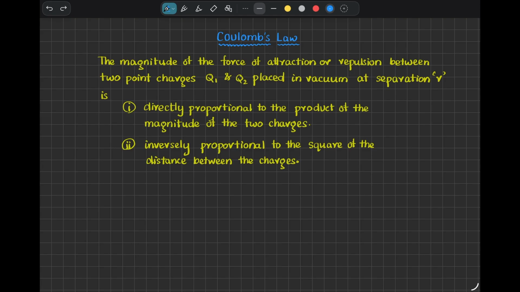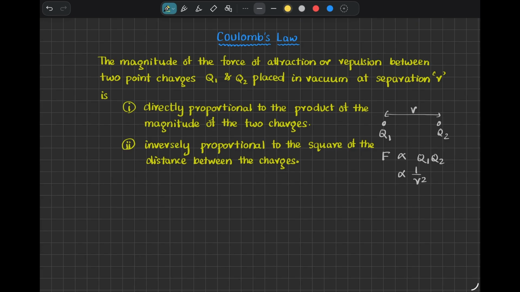What does it mean? Now, if we have two charges, one here which is q1, one here which is q2, and the separation between the two charges is, let's say, r. In that case, Coulomb's law says the force is proportional to the product q1 and q2, and it is also proportional to 1 by r square, meaning inversely proportional to the square of the distance between them.